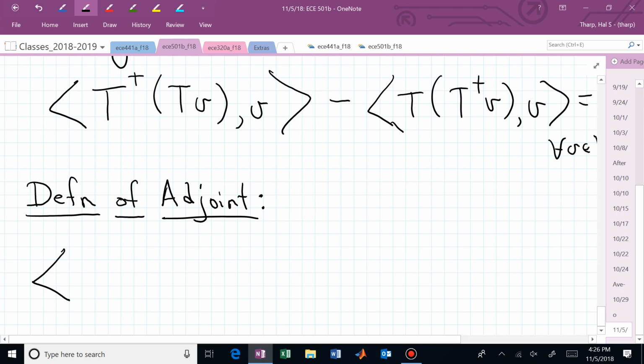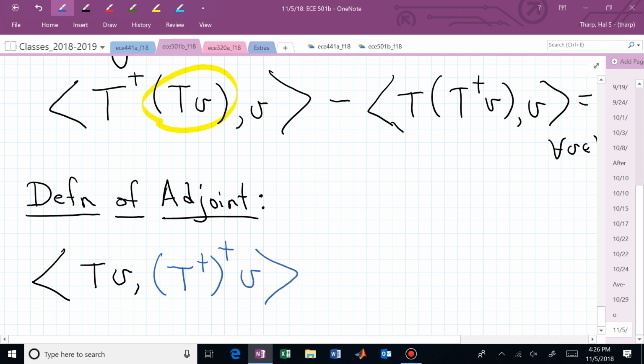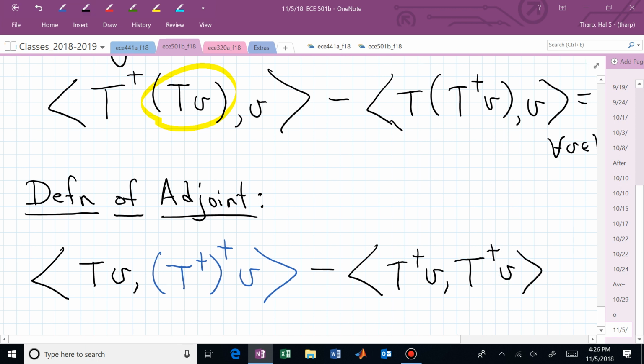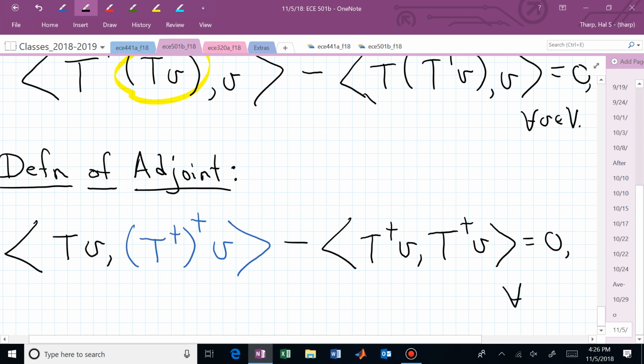So now I have T v, that's coming from this one. But now if I move that T dagger into the second slot, is that okay? Let me do the same thing with the second inner product. Now I move T into the second slot and I have T dagger v, and that is equal to 0 for all v.